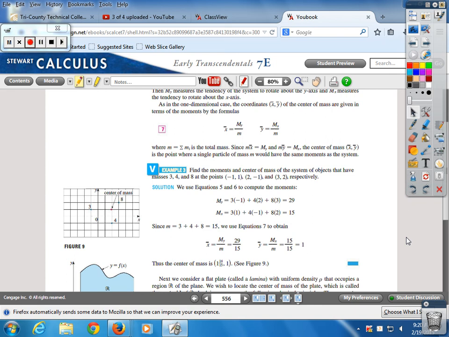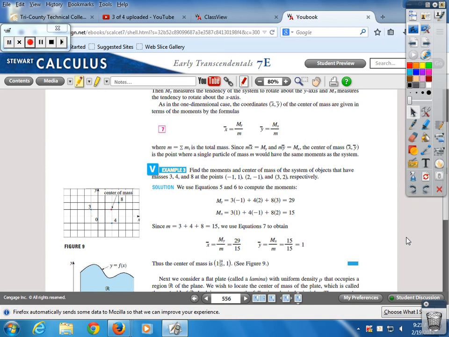You remember doing that? Y'all suck. Anyway, this is the same thing. Only your determinant is going to be your m, your moment. Your moment around the y-axis is going to be your numerator for x bar, and so on. So first you got to find your moment.